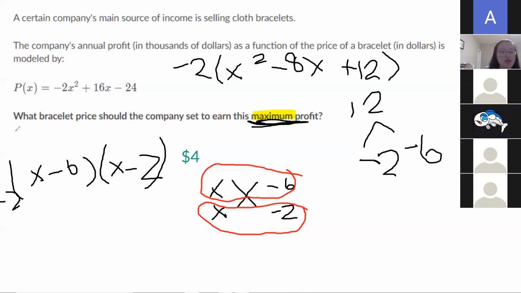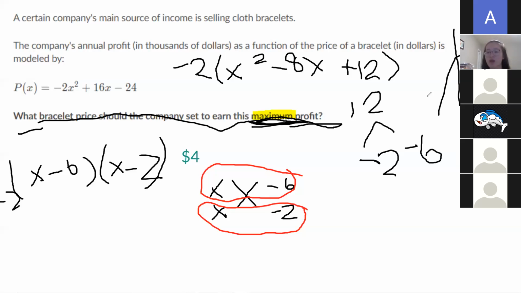But the question actually asks, what bracelet price should the company set to earn the maximum profit? So if we were to graph this quadratic, where would the maximum profit be? Would it be a vertex? Would it be a solution?